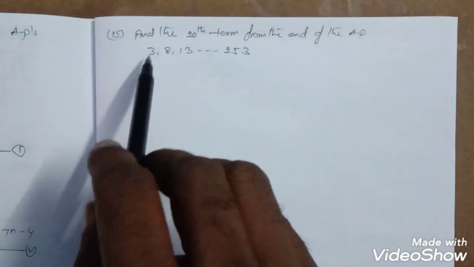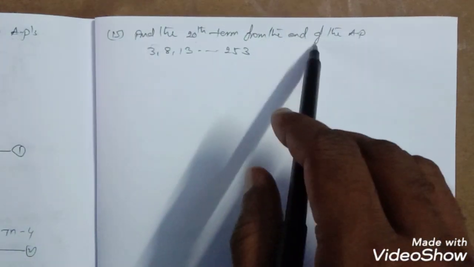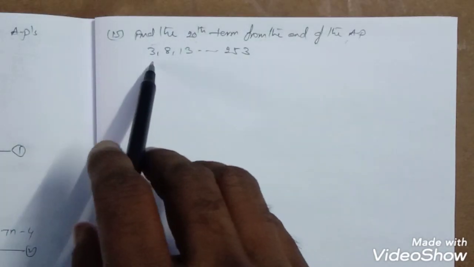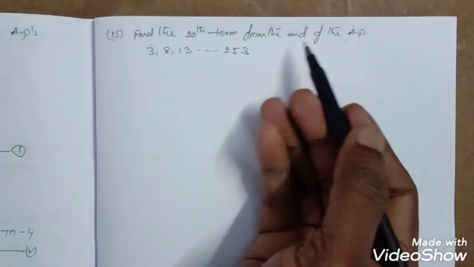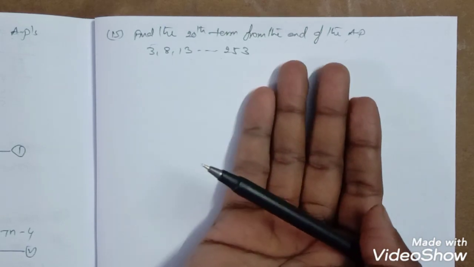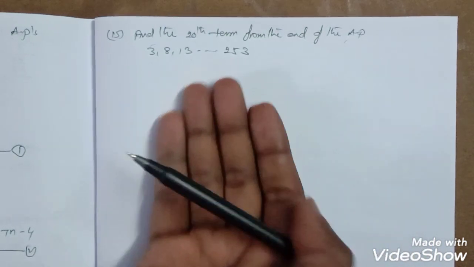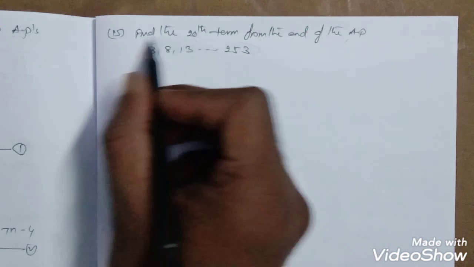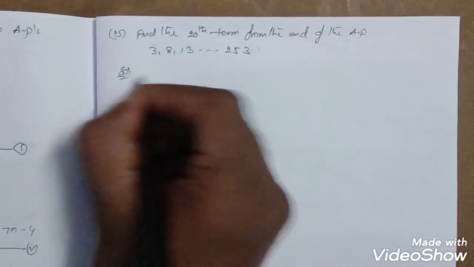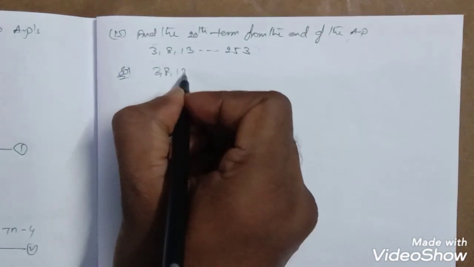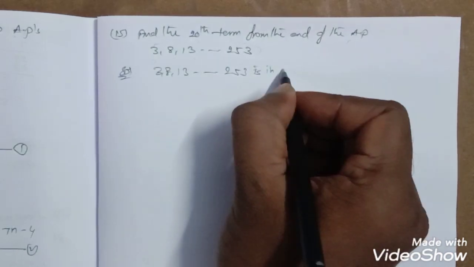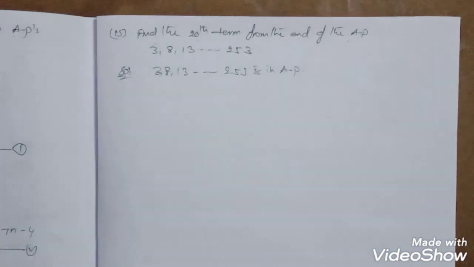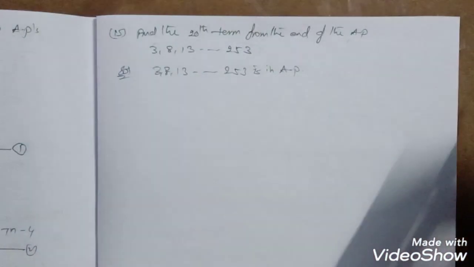Okay, next question is given as: find the 28th term from the end of the arithmetic progression whose series is given as 3, 8, 13 and so on up to 253. To find the value of the 28th term from the end, we can write this series as 3, 8, 13 so on up to 253, which is an arithmetic progression. There is no doubt that this is an arithmetic progression.